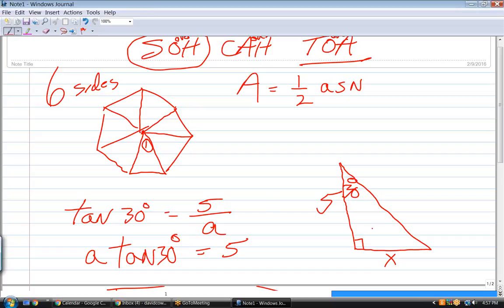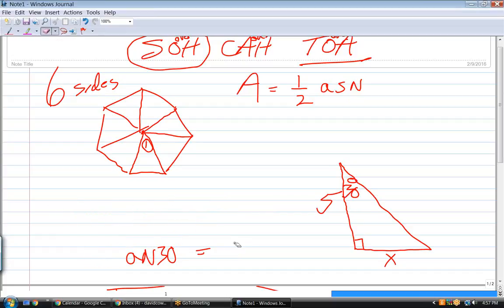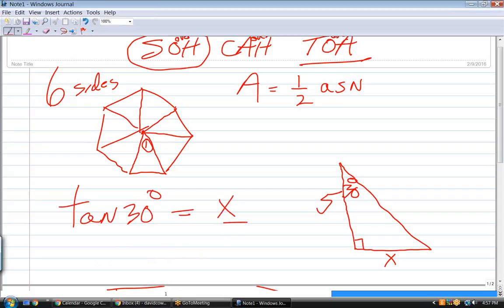So again, we're going to have to use tangent. Only in this case, it would be the tangent of 30 degrees equals x over 5. That's easy to solve. Multiply by 5. There's your x.